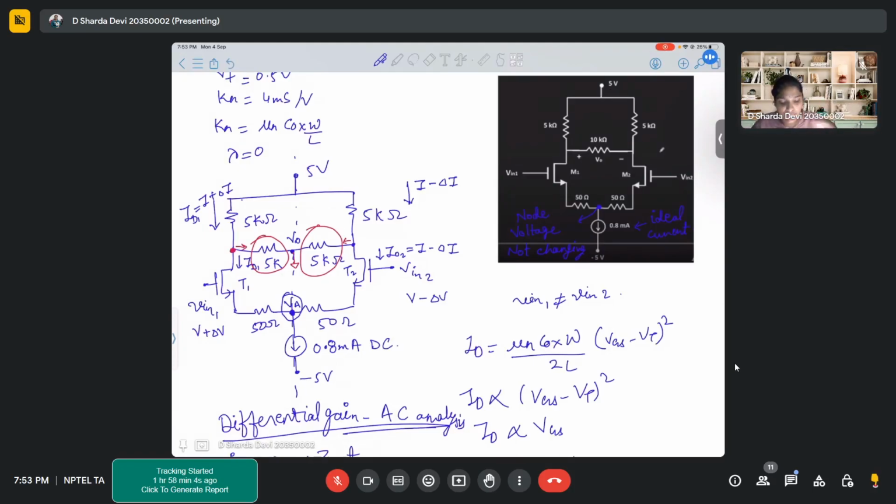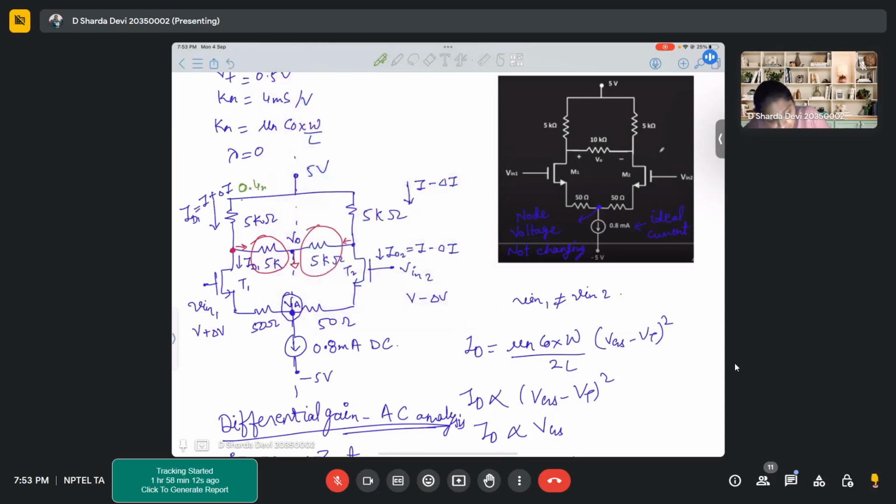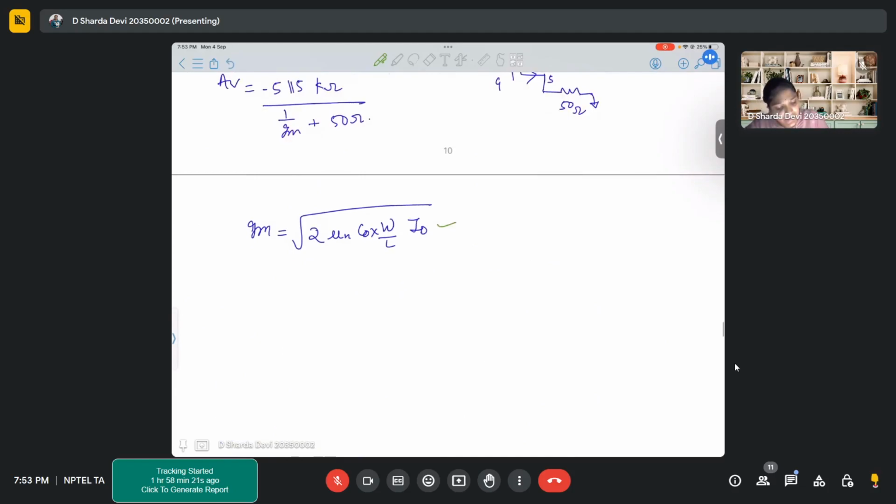So each branch carries half of the current. The current carried by this branch is 0.4 milliamperes, and again for this branch it is 0.4 milliamperes. So the value of ID is already known: ID is 0.4 milliamperes for one transistor.